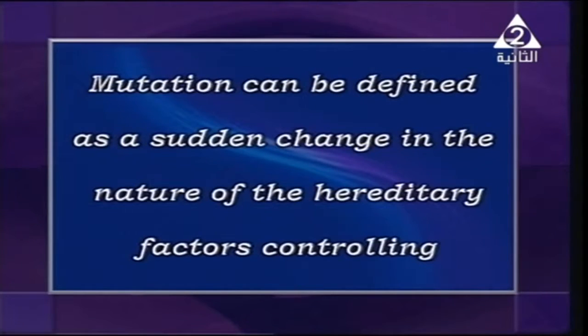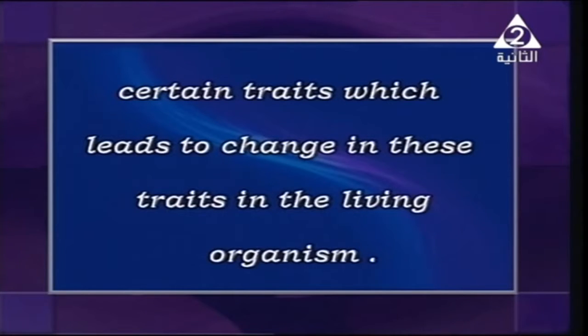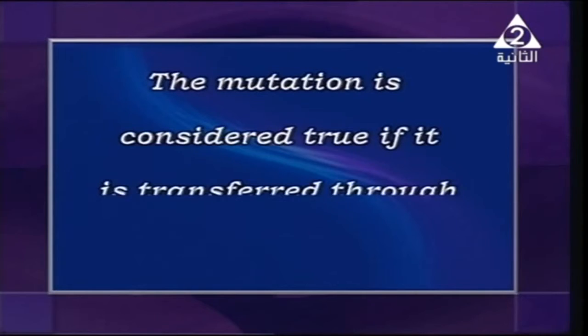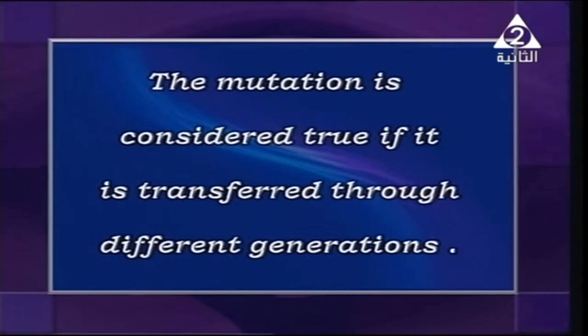Mutation can also be defined as a sudden change in the nature of the hereditary factors that control the sequence of DNA, controlling a certain trait, I mean a certain character, which leads to what may be a desirable and maybe an undesirable change in these traits in the living organism. The mutation itself is considered true if it is transferred through different generations.